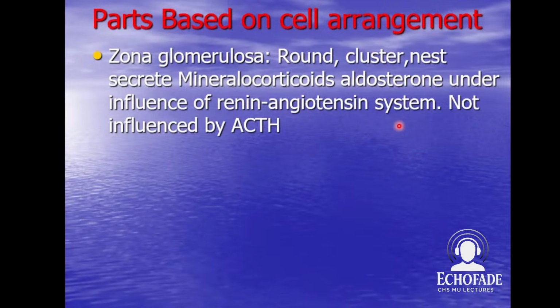And this is under the influence of the renin-angiotensin system. So the zona glomerulosa is not influenced by adrenocorticotropic hormone from the hypophysis. It is influenced by the sodium blood concentration.